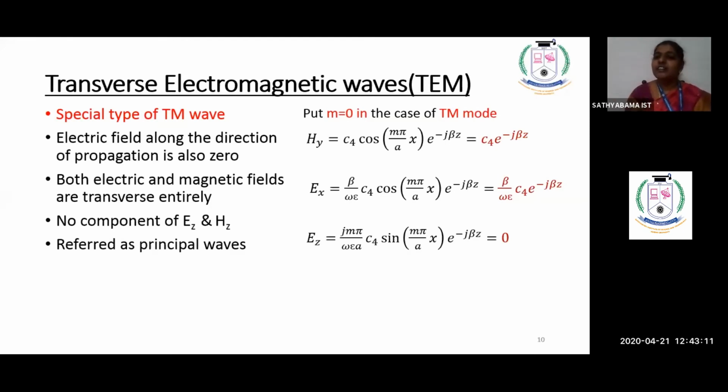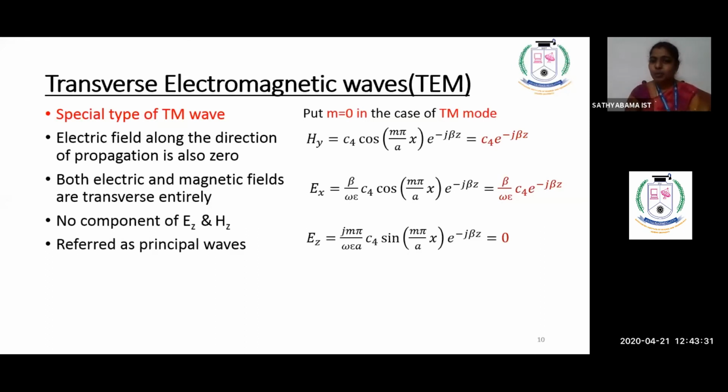So when you substitute m equal to 0, all the components of your TE wave become 0. Your wave does not exist, the characteristic does not exist. So your TE wave will not help you in finding your TEM wave. Now we are going to take the help of the TM mode, which we have just derived.